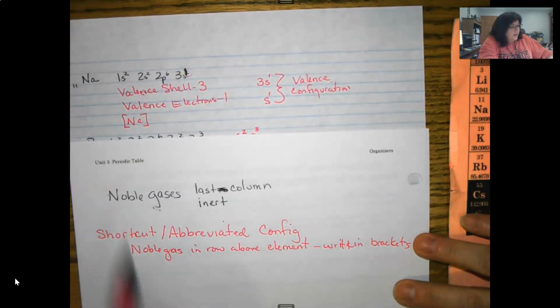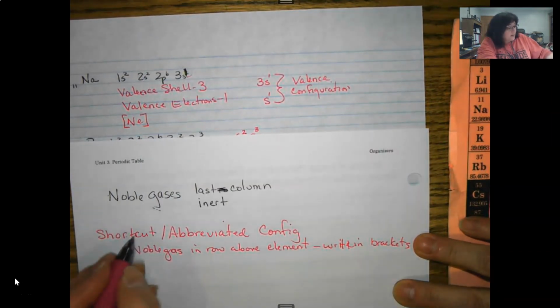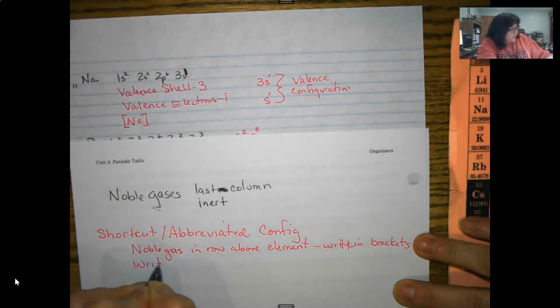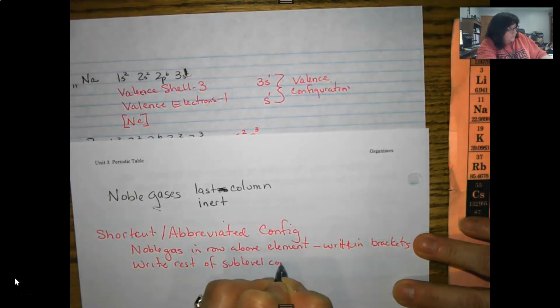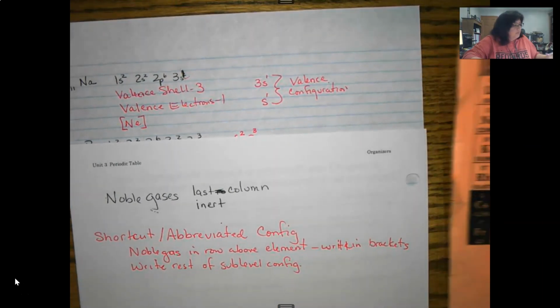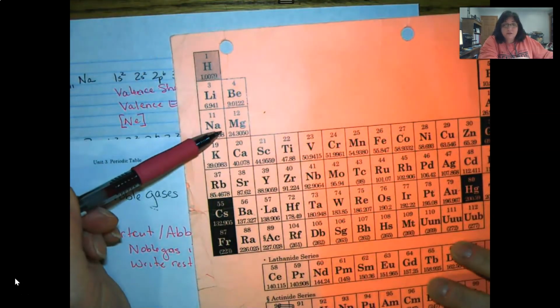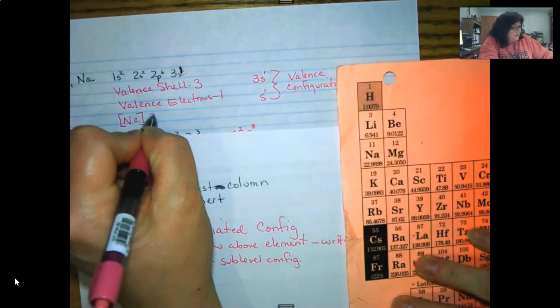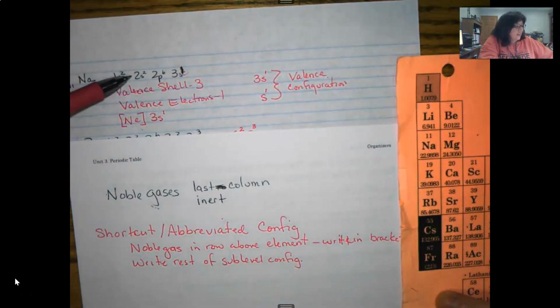Okay? Then what am I going to do? I am going to write the remainder of the configuration for the row that the element is actually in. So I'm going to write the rest of the sublevels as I normally would. Okay, so sodium is 3s1. So it's going to be neon 3s1. So if you compare, have I really saved myself any work?